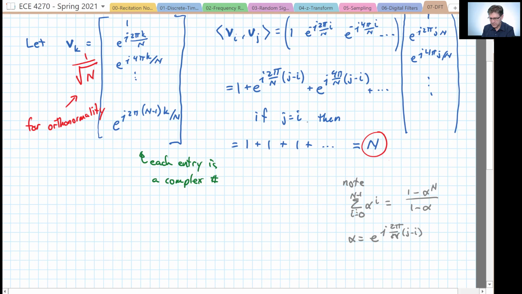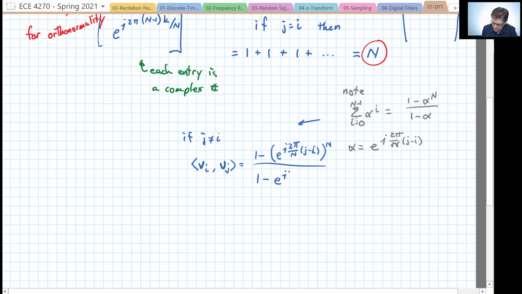So now we know what happens if j is equal to I. If j is not equal to I, then we have vi with vj is equal to 1 minus e to the j 2 pi over n times j minus I, to the n, over 1 minus e to the j 2 pi times j minus I over n.